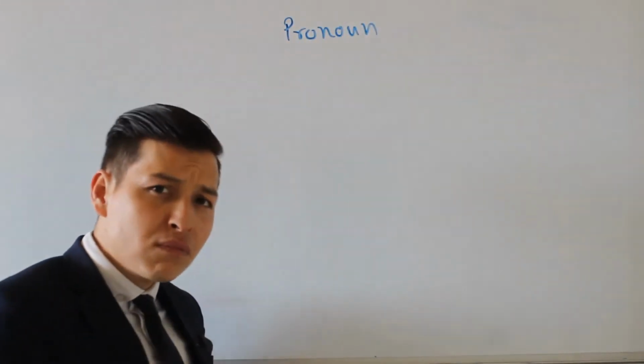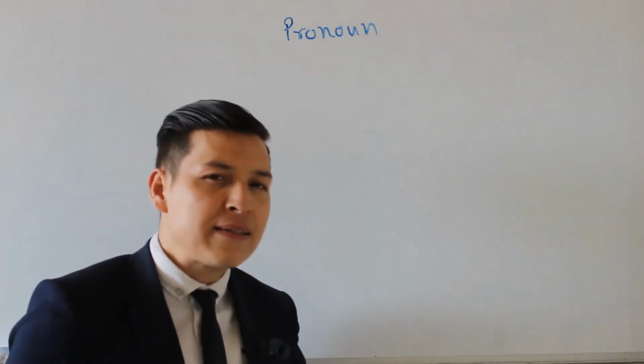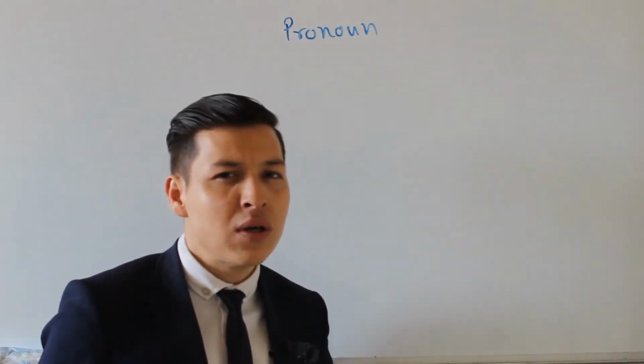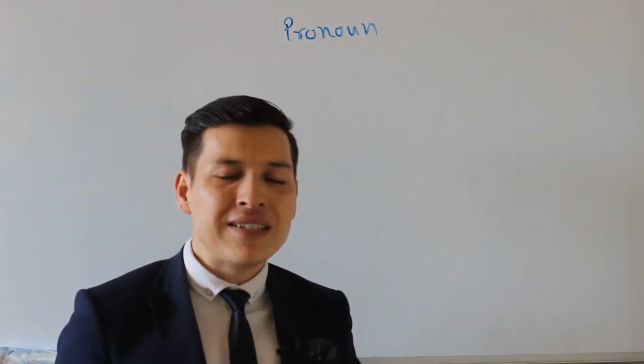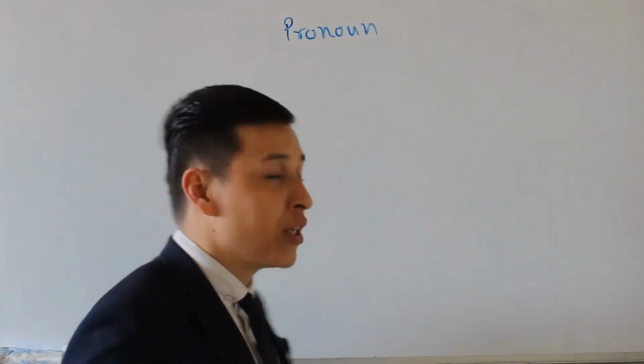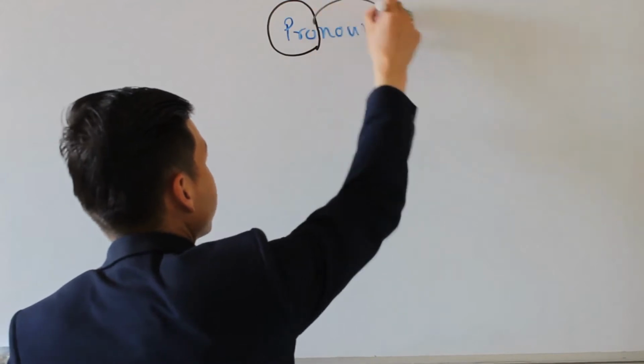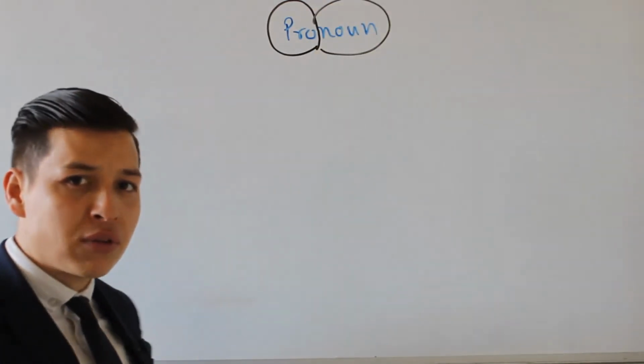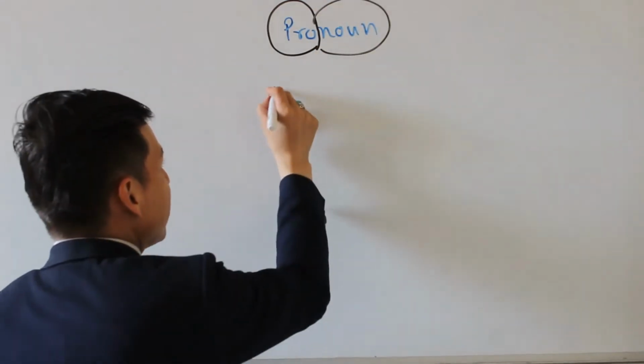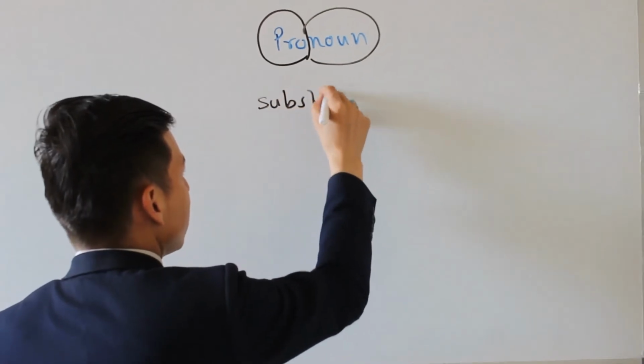Well, the word pronoun is not very difficult, so the definition of pronoun is exactly in its own word. How? For example, this word pronoun is exactly composed of two parts, pro and noun. So the word pro means substitution.